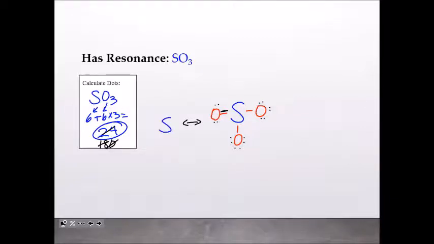So we have S here. We have the O. Sorry. This one I'm going to make the double bond this time. So that's one of the other structures. Then we have to draw the third one where the double bond is on the last oxygen.